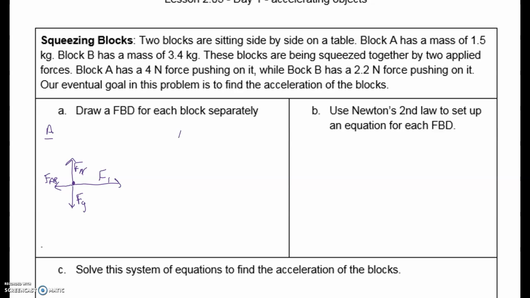Now let's look at block B. I use a dot to represent the object. We also again have a gravitational force and a normal force. Again, these are going to be equal and opposite. I'm going to draw my gravitational force larger because it has a larger mass and therefore has a larger weight.